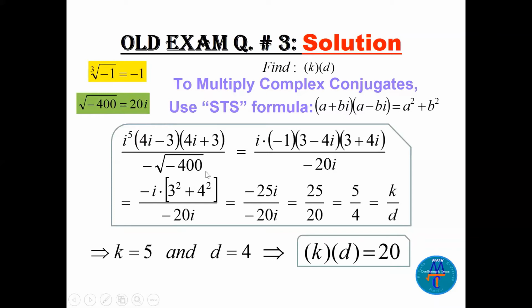This is only 20i. So now let's multiply. There is a minus i here. By using the formula, 3 squared plus 4 squared, and there is minus 2i down, this becomes 25, and there is a minus i over minus 20i. i and i will cancel, minus and minus will cancel, simplify, 5 over 4. So k is 5 and d is 4. Multiply, get 20.